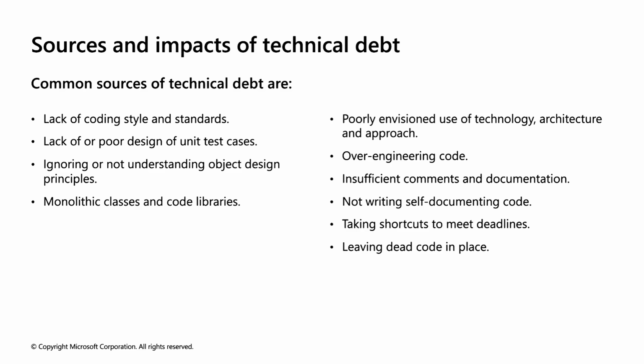And technical debt can sneak into a project from many directions, often as a result of shortcuts or rushed decisions. Common sources include a lack of coding standards, poorly designed unit tests, ignoring object-oriented principles, and leaving behind monolithic code or dead code or commented code that's not doing anything.